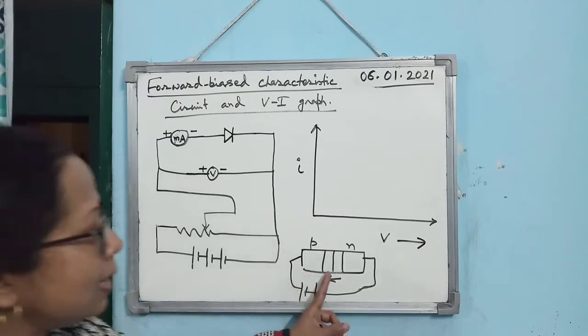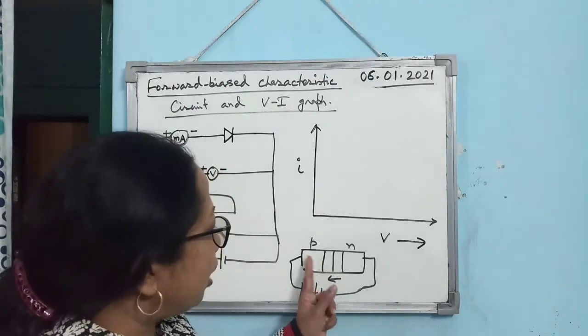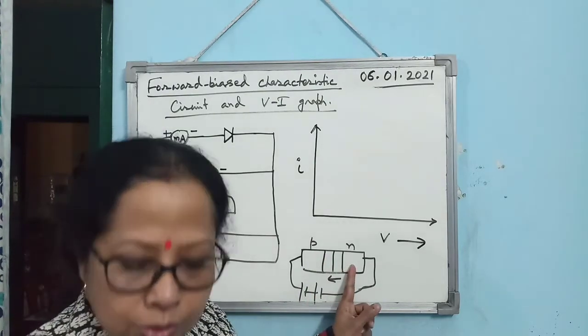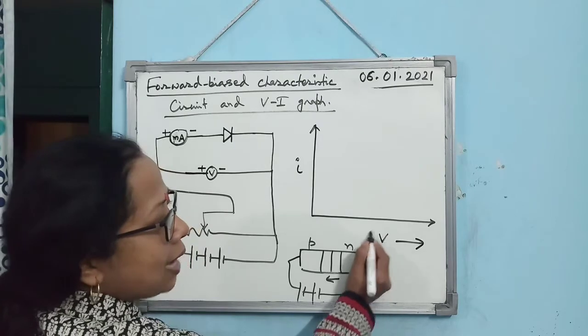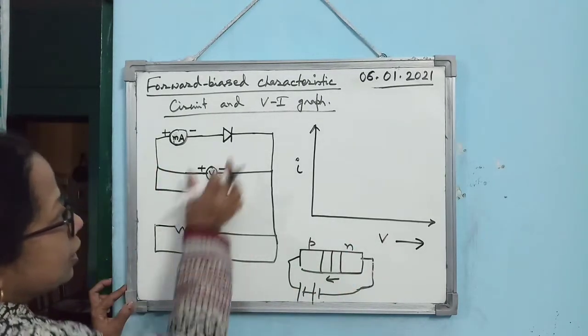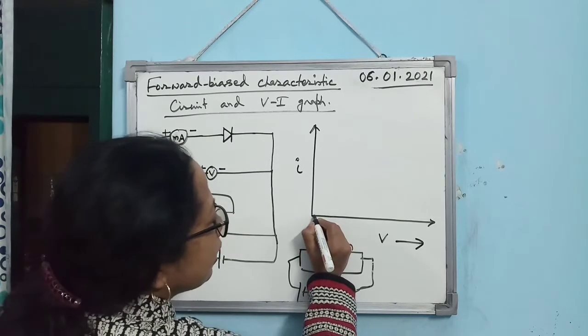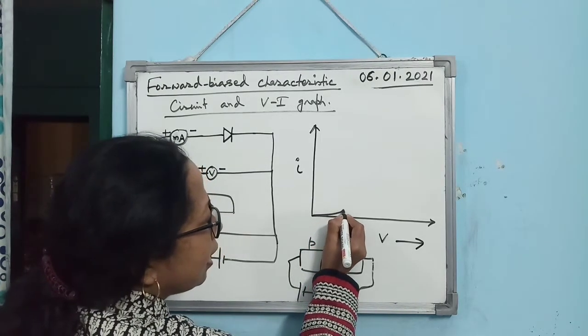Until and unless it can totally decrease the depletion region, the majority charge carriers won't be able to diffuse. So when you increase the applied potential across the junction diode, you will see the current remains 0 for a certain time.